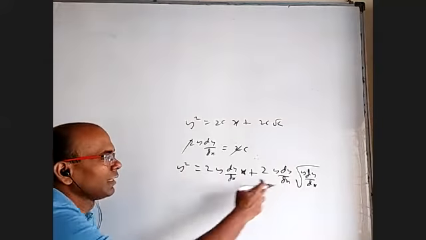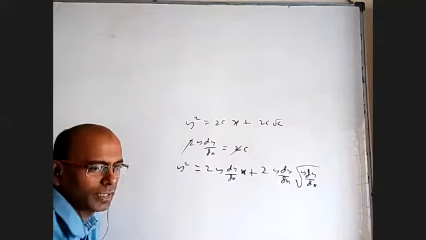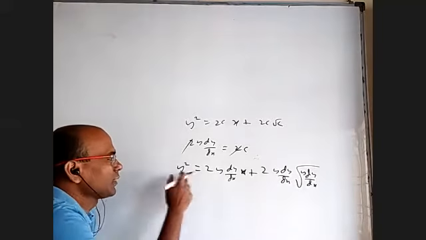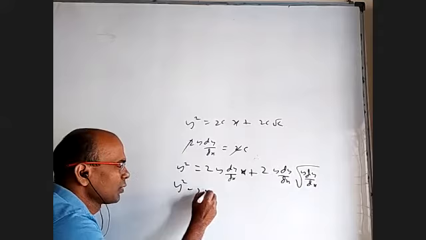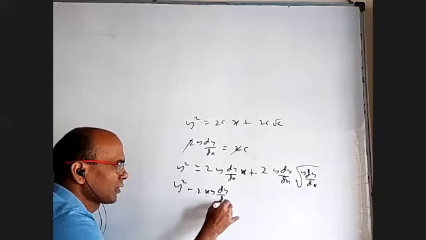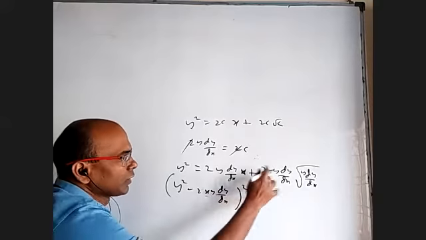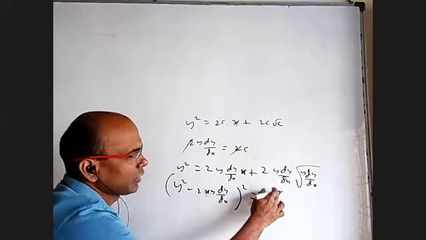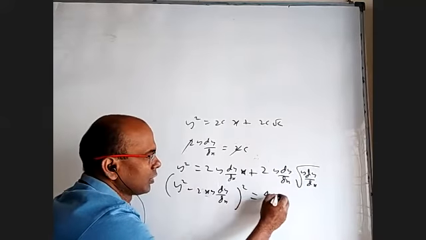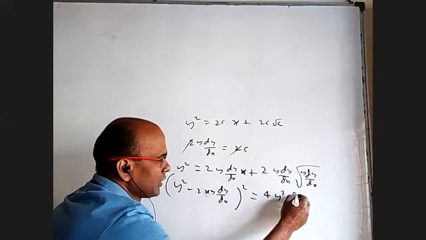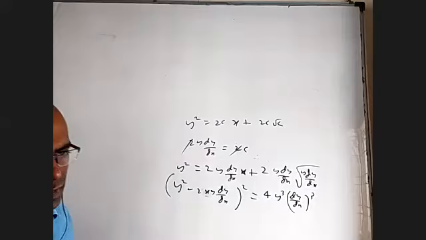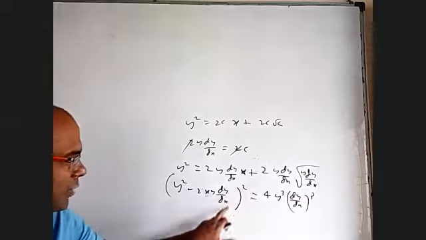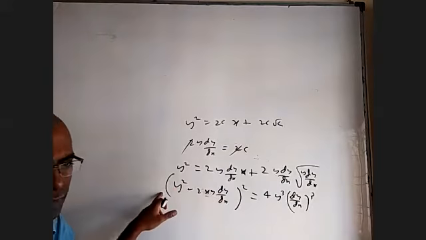Okay, you cannot say I'll tell degree is 3 by 2 or something. Degree can't be a fraction. Okay. So bring this side and square it. y square minus this, 2xy dy by dx, whole square equal to this one. When I square it now, I'll get 4y cube dy by dx whole cube. When I expand this, I'm going to get dy by dx whole cube here, dy by dx whole square here, dy by dx and some y power 4.